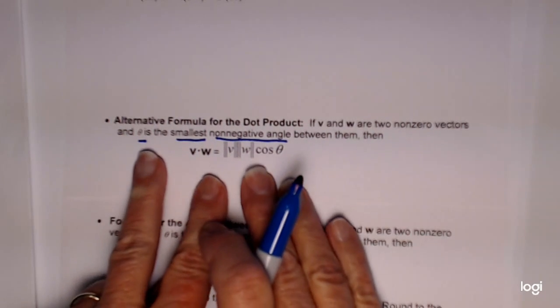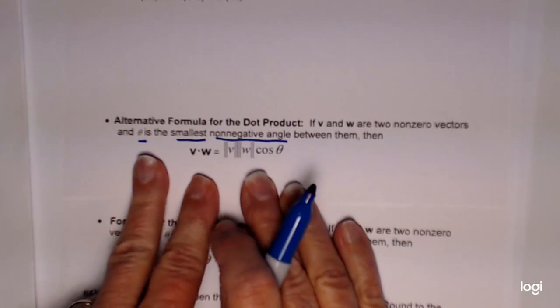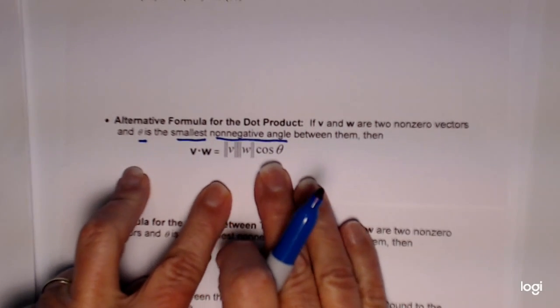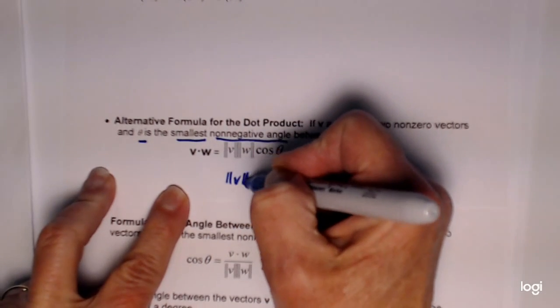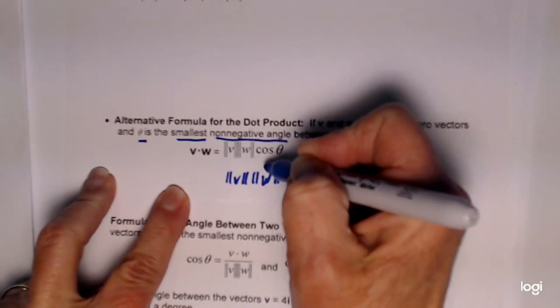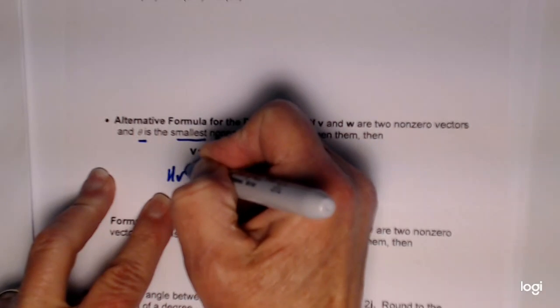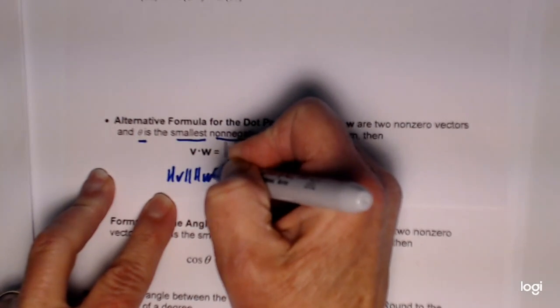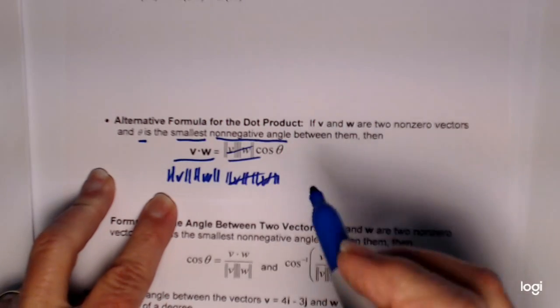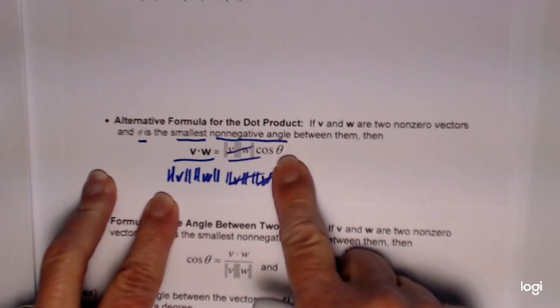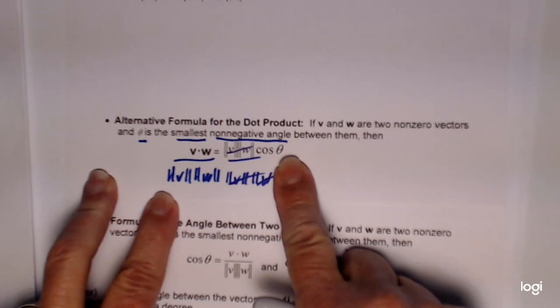So if I look here at this formula again, and to isolate this cosine, if I were to divide both sides by the magnitudes of these vectors, these are gone. And on this side, I'm just left with the cosine of the angle in between the two vectors.